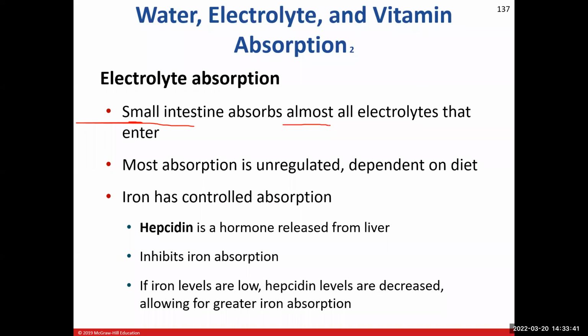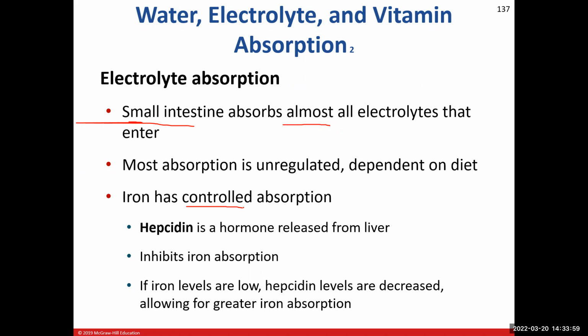This again depends on what you're ingesting, what your diet is made up of. Iron, for example, here, very controlled absorption. You have the hormone hepcidin. This hormone actually is going to inhibit iron absorption.